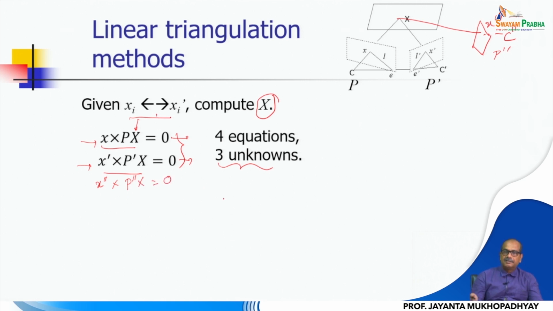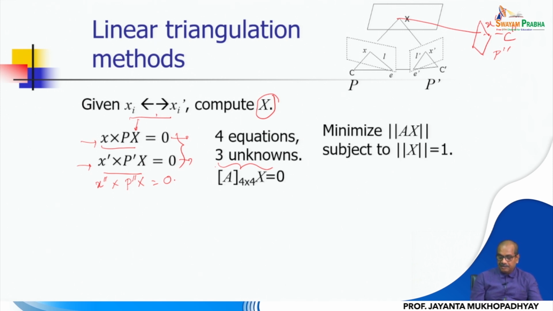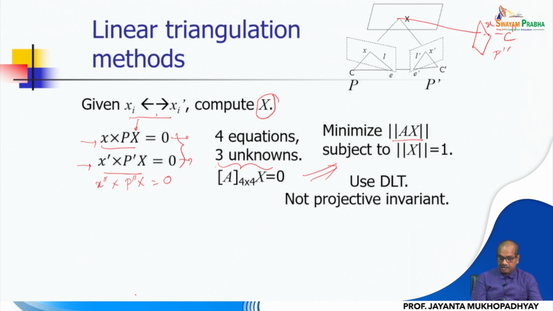So even for trinocular vision, you get the same set of equations, and you are increasing the number of equations. There are still 3 unknowns, but now you get 6 equations, so this problem is more solvable. This is a mathematical thing. You minimize Ax, the same homogeneous equations, and you try to solve using the direct linear transform.